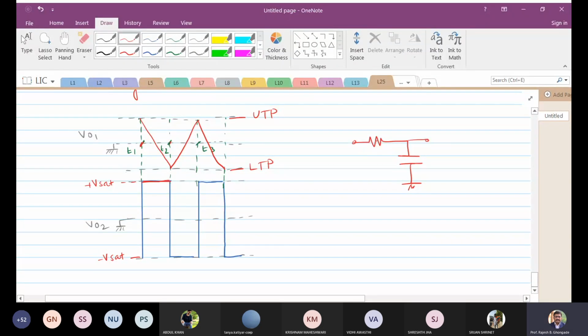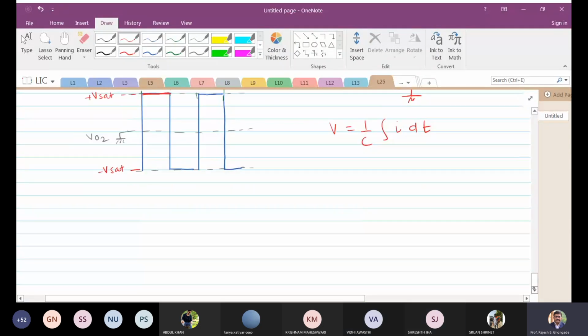And we know that the voltage across the capacitor is given as, if I remove this resistor itself, and if I only talk about the charging of the capacitor, 1 by C integral I dt, isn't it?